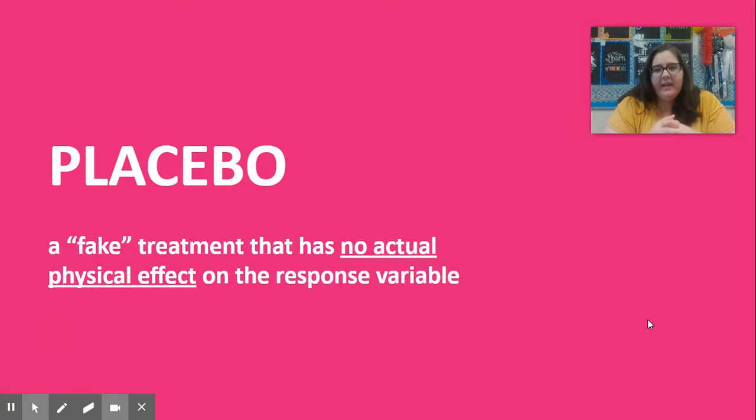We use it a lot in medical studies and medical experiments where you have a control group, but instead of just giving them maybe an old treatment or no treatment, you give them a fake treatment. This works really well with things like pills that you take or maybe even shots that you're given, because it's really easy to create a fake version that looks and feels really similar to the real version of the treatment.